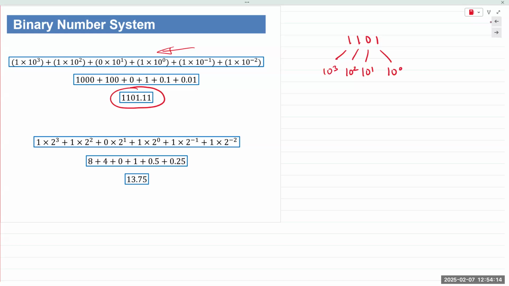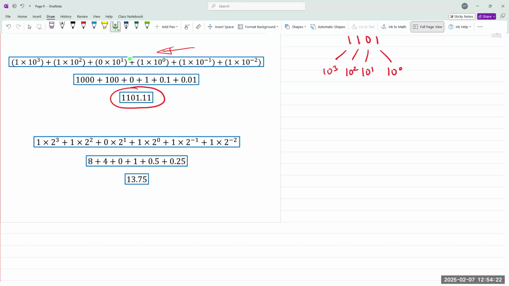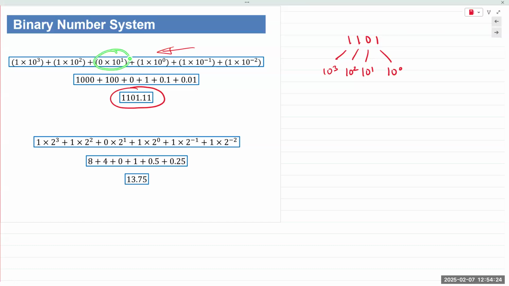So 1101 would be 1 into 10 raised to 0 plus 0 into 10 raised to 1, plus 1 into 10 raised to 2, and 1 into 10 raised to 3, which gives us 1,000 plus 100 plus 0 plus 1. That's how we arrive at 1101.